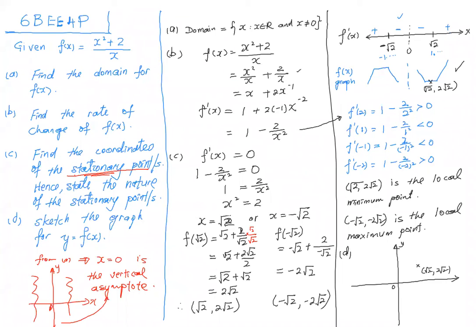You have another point here, negative √2, negative 2 √2. So this part of the graph will go like that, and this part of the graph will go like that. Am I right? So you see, without a graphic calculator, we also can sketch the graph, because based on the sign diagram here, there is no other turning point in it.